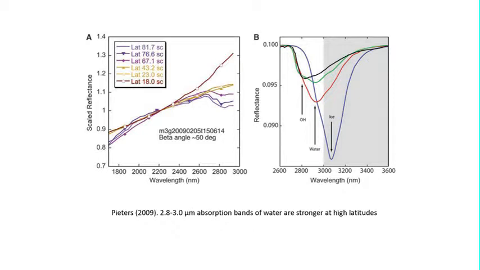And the interesting thing about these water absorption features is that they're a function of latitude. So the higher the latitude, the deeper the absorption feature. And if you're at the equator, there is no absorption feature. But there are absorptions at all latitudes, right?